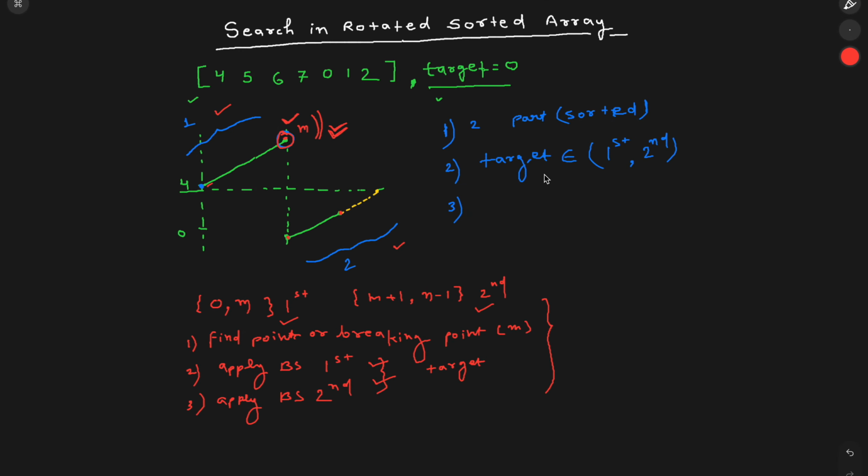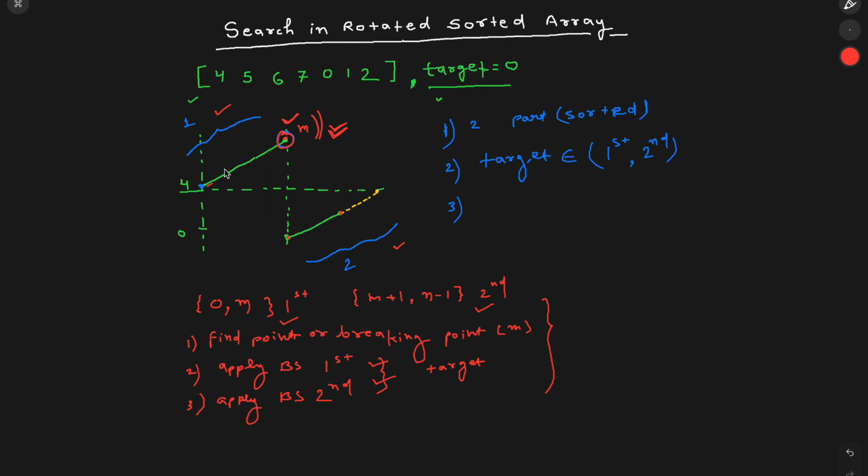In the previous binary search, as I already discussed, we were given some target variable, but in this case the target is not given. So suppose I am going to find this breaking point. For this point, is there any behavior which differs from every other element?